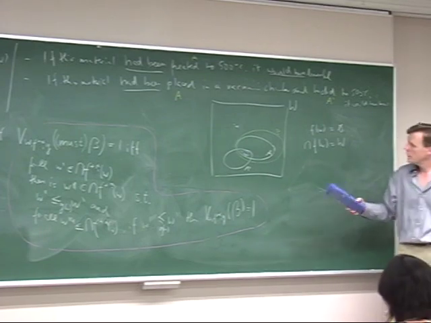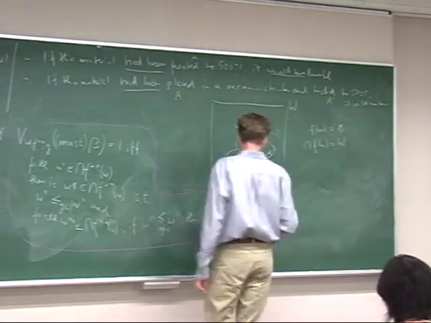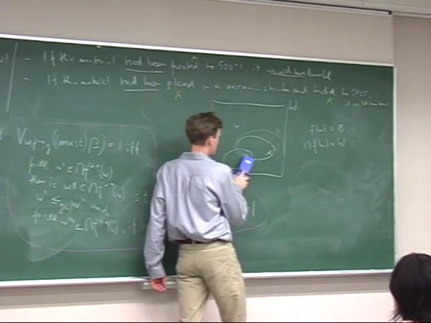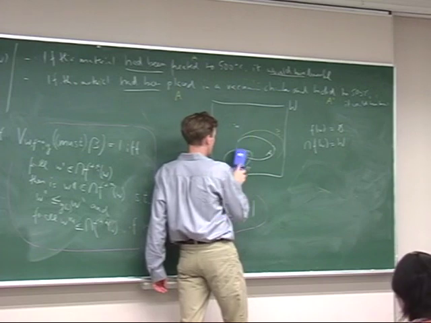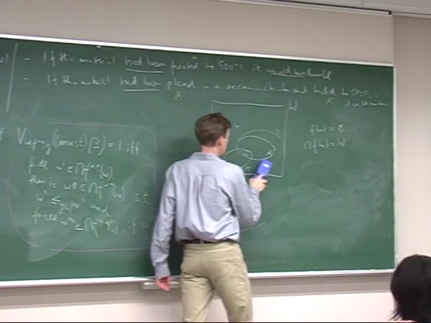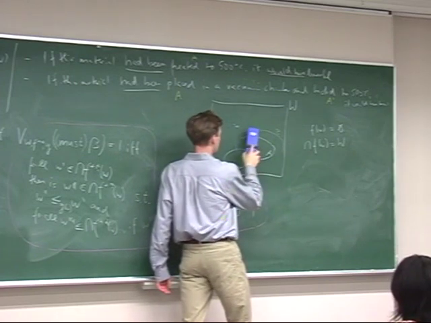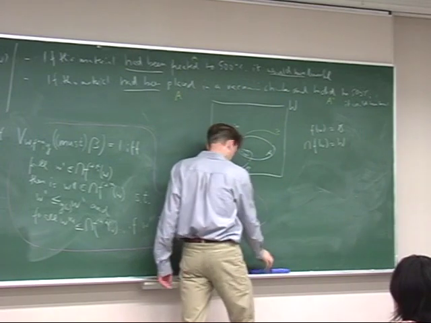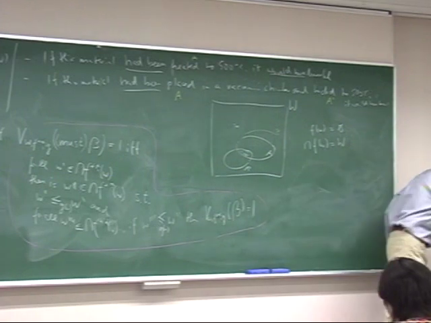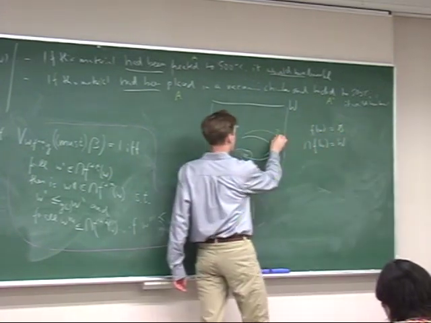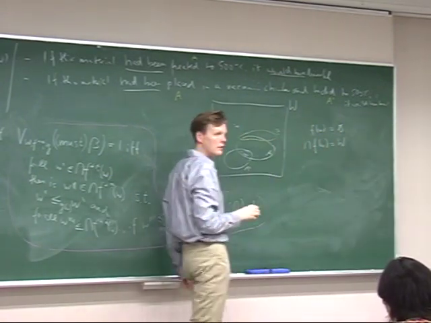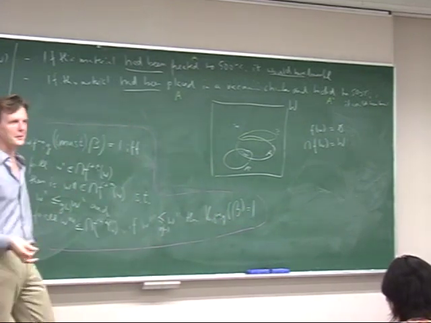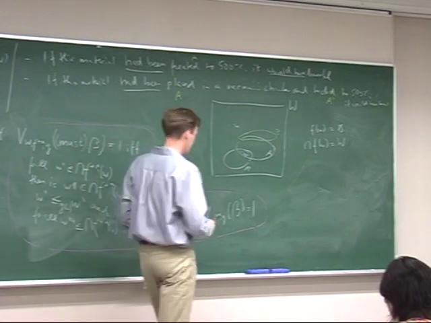So let's see. We want to say that in fact the first conditional is true and the second one is false. So in fact B doesn't look like this, but rather like this. I don't know, this is just something like this.